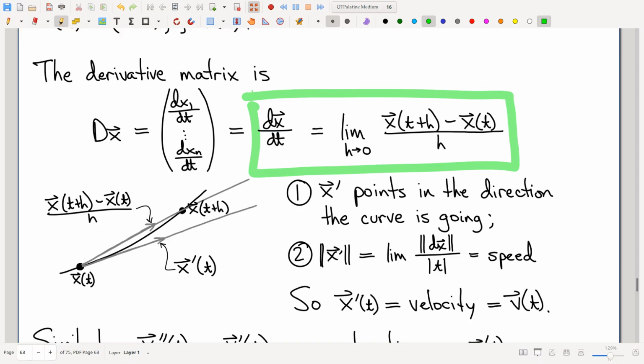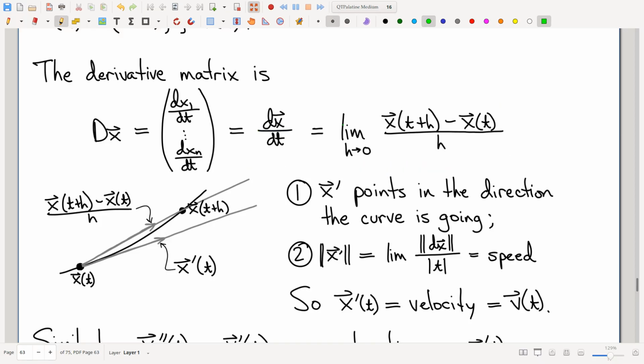There's no reason we can't use this idea of a derivative for a parametric curve. And notice everything in this formula is computed one coordinate at a time. So in fact, the derivative matrix that you get is the same as what you would get if you were to apply the old single variable calculus definition. So kind of nice fact.